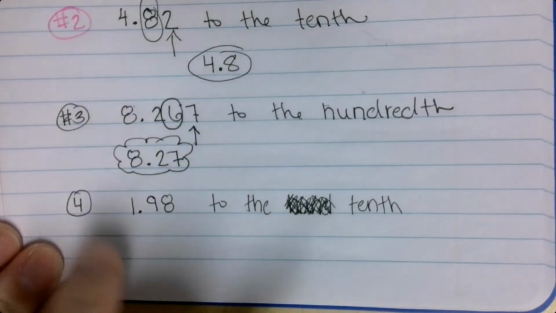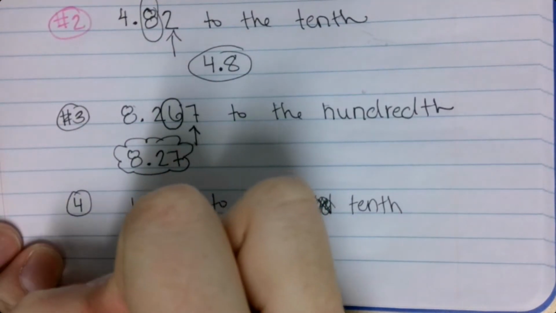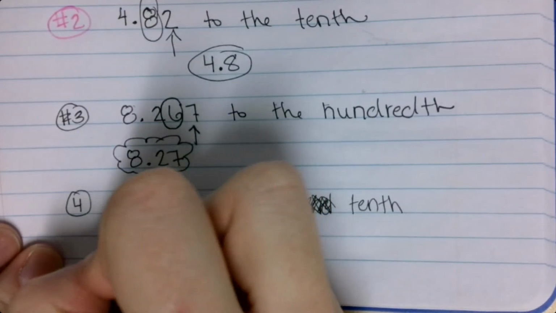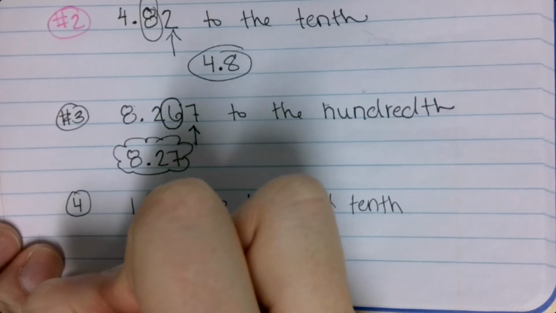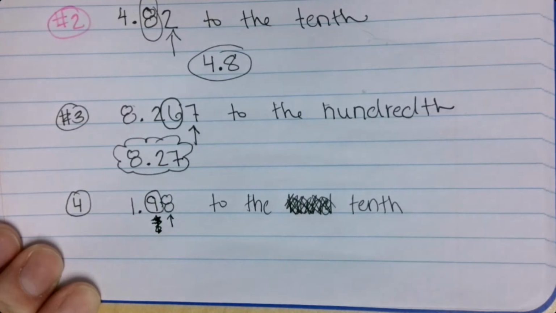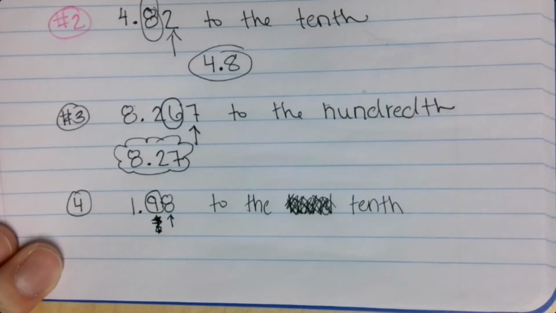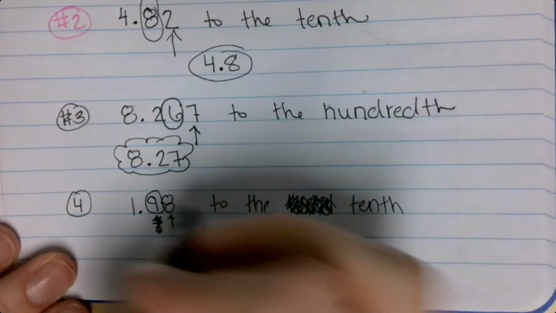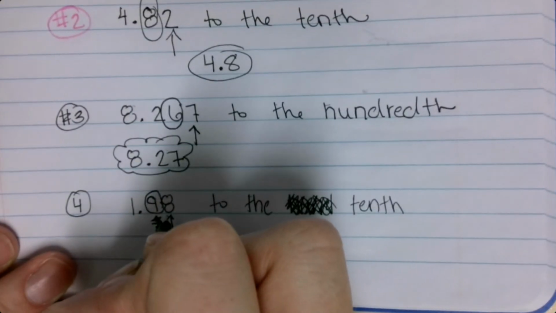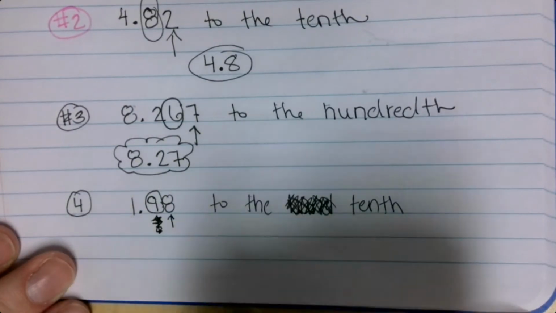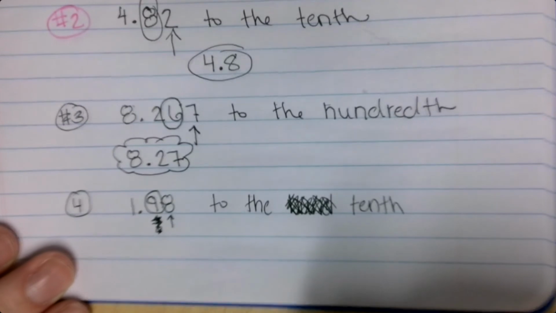The 10th, if you put it in your chart, would be the 9, which means you're going to be looking at the 8. Well, 8 is bigger than 5, right? 5 and above, round up. 4 and below stays the same. So if I round the 9 up, it goes to 10.